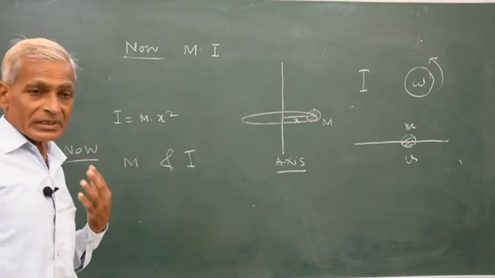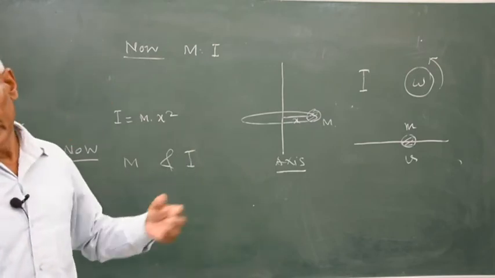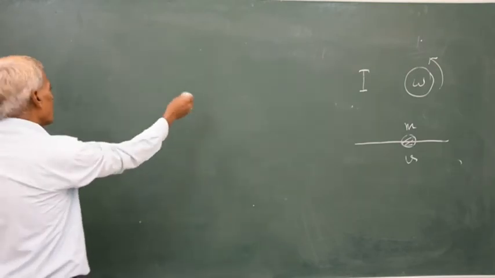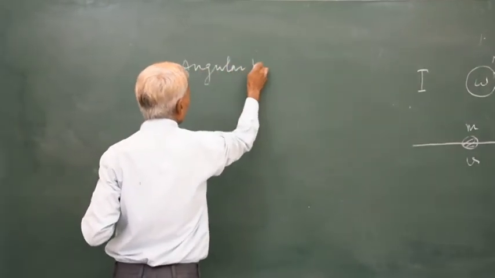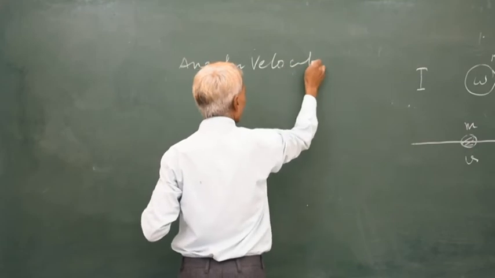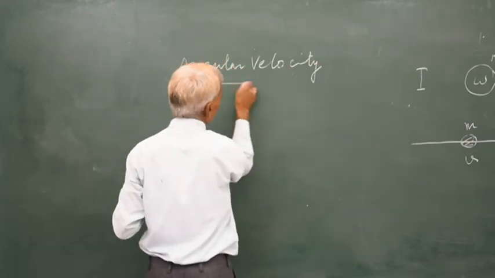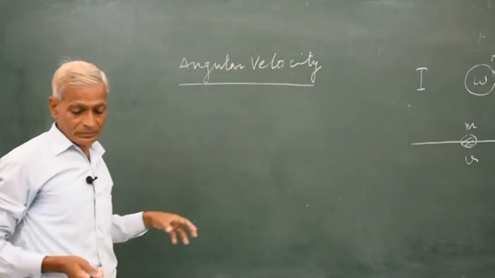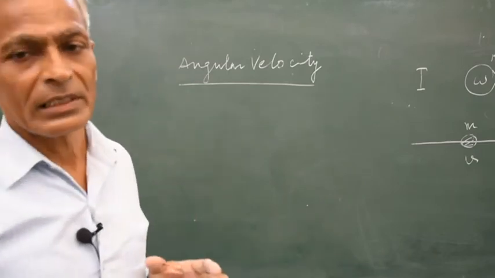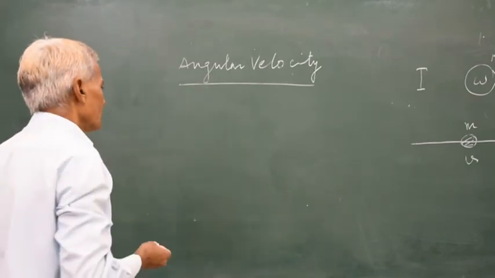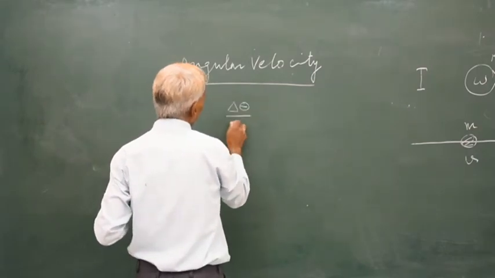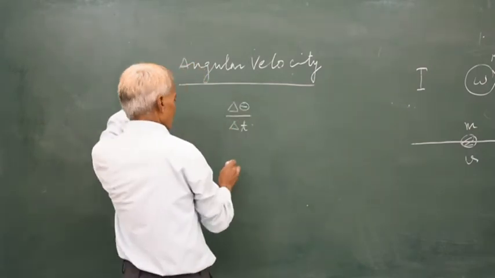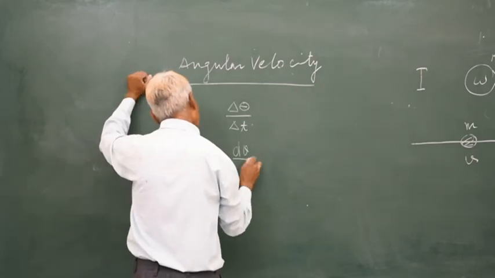Now what is angular velocity and what is linear velocity? Angular velocity is the rate of change of angle per unit time, you can say d theta by dt.